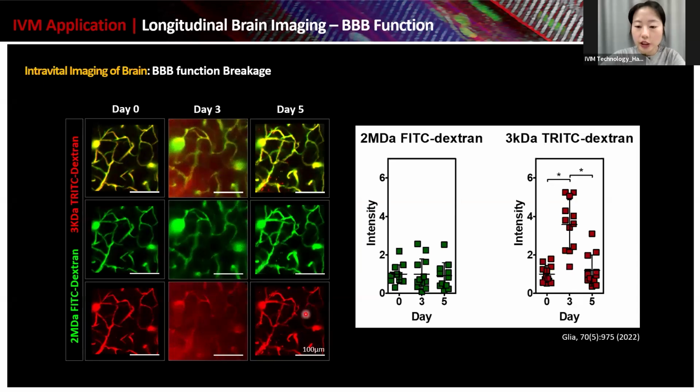This differential leakage pattern indicates that the BBB was compromised following photothrombosis and microinfarction, resulting in transient vascular disruption. Interestingly, by day 5, the leakage of the TRITC dye had returned to baseline levels, suggesting a gradual recovery of blood-brain barrier integrity over time.